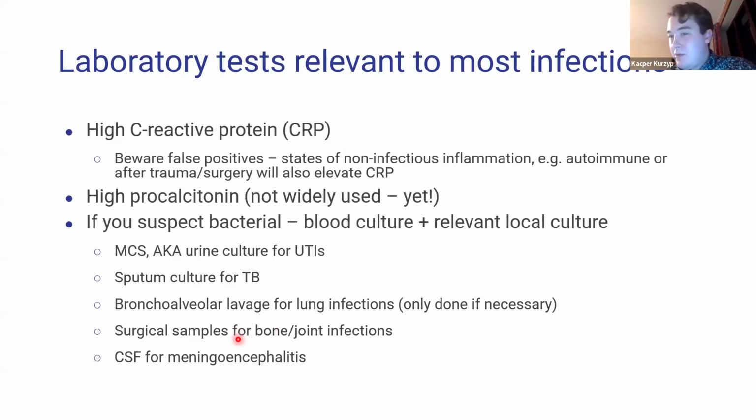Now, sometimes people do surface swabs of those infections, which are pointless because they will just give non-specific growth. The middle ground, which is still useful, is the tissue samples collected by podiatrists, for example, for diabetic foot infections.